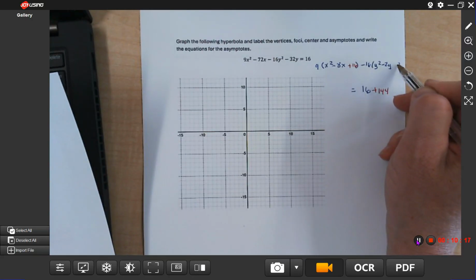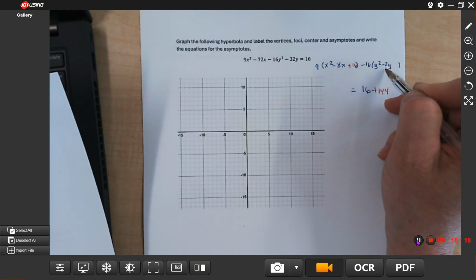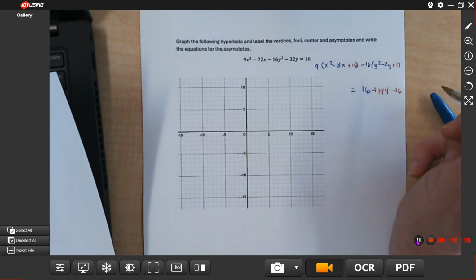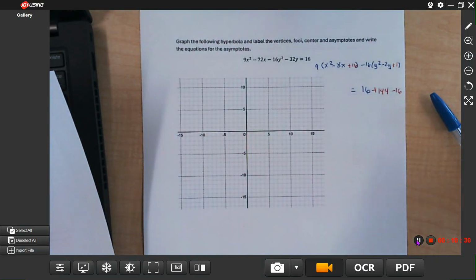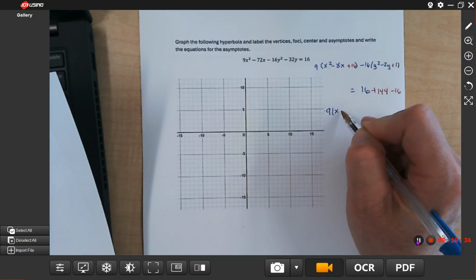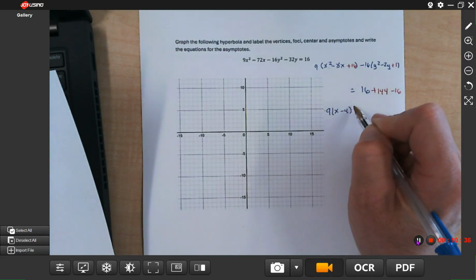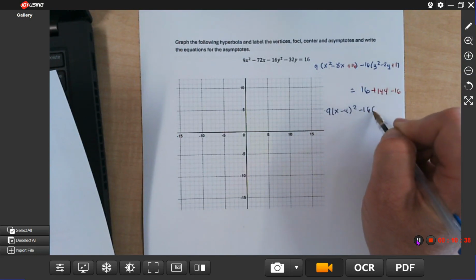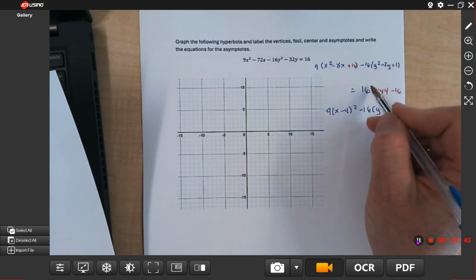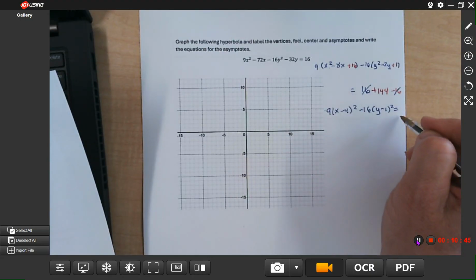Then complete the square here: negative 2 divided by 2 is negative 1, squared is 1, so add 1, but I really added negative 16 times 1, so I subtracted 16, so I'm going to subtract 16 here. So now this is 9 times (x minus 4) squared minus 16 times (y minus 1) squared. 16 minus 16 is 0, so it equals 144.